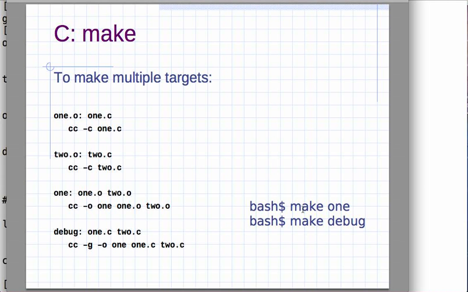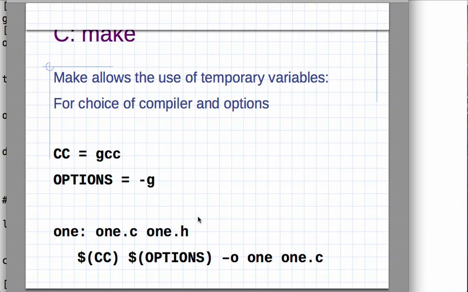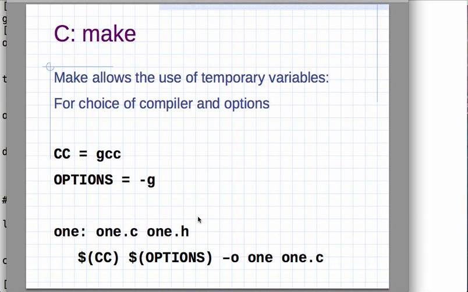Okay, so now we can make multiple targets. We can say make one, that is the non-debug version, and make debug, that's the debug version of the same thing. Okay, make allows the use of a number of temporary variables. So you can say, okay, my compiler is GCC, and use uppercase letters.